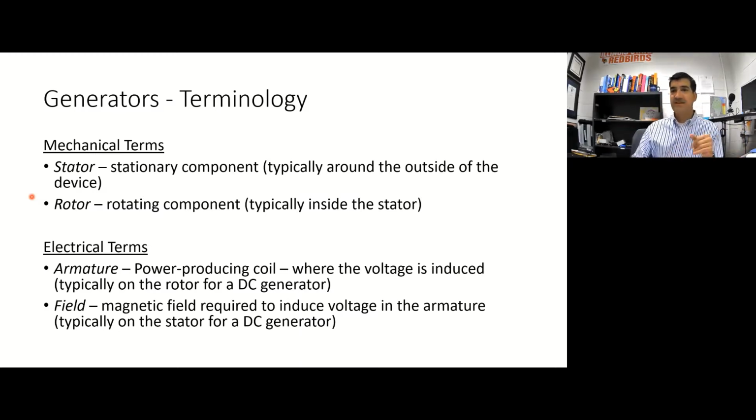But like I said last time, that's still a better design than putting the armature on the rotor, because it takes less current to energize the electromagnet on the rotor than it would to take the current from the armature. If it was on the rotor, to take all that current from the armature requires some pretty significant large brushes and slip rings.